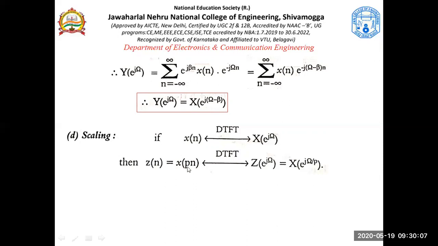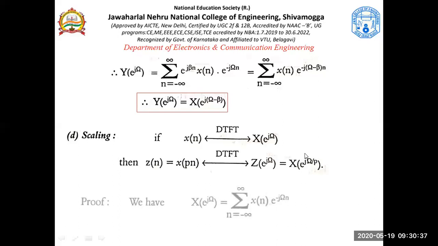If you scale the time, then on the frequency domain, the omega is going to be divided by the same scaling factor. So here the time is being scaled by p, and on the frequency domain, the omega is being divided by the scaling factor p.